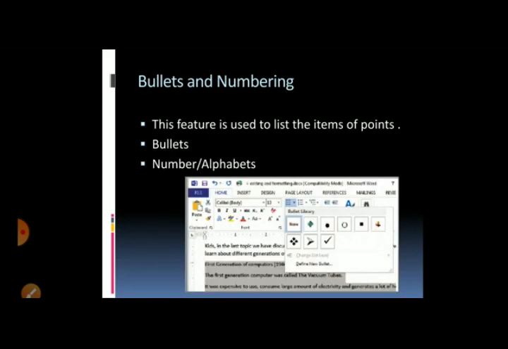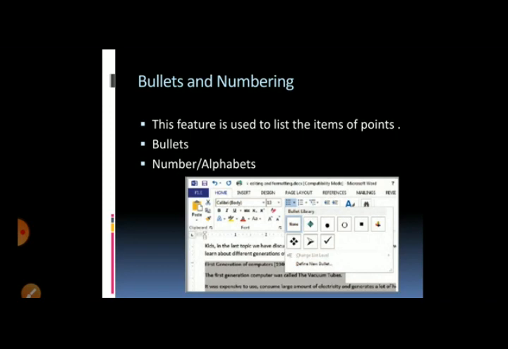Okay, next, bullets and numbering. This feature is used to list the items of points. There are two methods. First is bullets and second is numbers or alphabet. Bullets are used when there is no particular sequence of text to be followed. There are various styles for inserting the bullets. Next is numbers or alphabet.